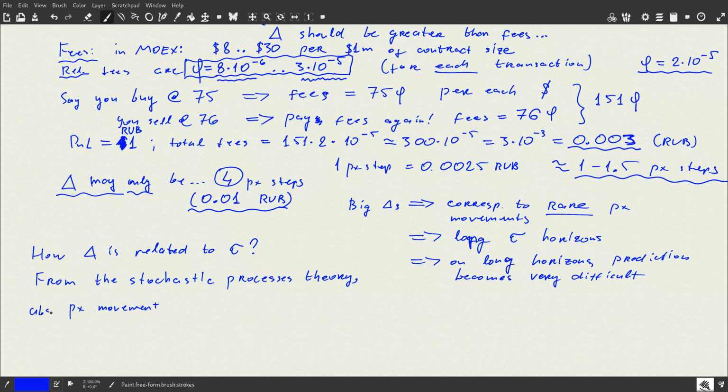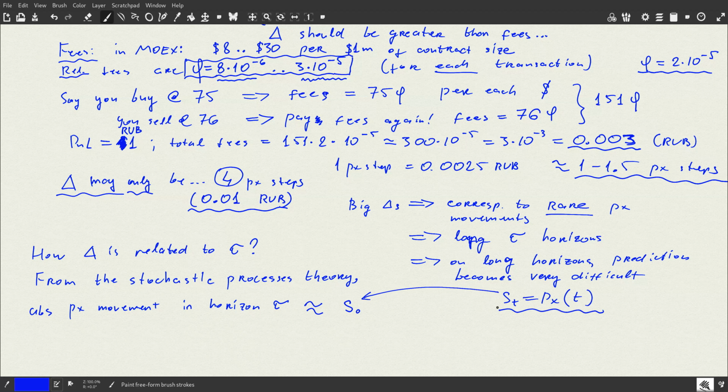Absolute price movement, up or down, we don't know which way, absolute price movement in horizon tau is approximately equal, by magnitude, to the following quantity. The current price, the bigger the current price is, S_t being the price at time t. That's my notation.